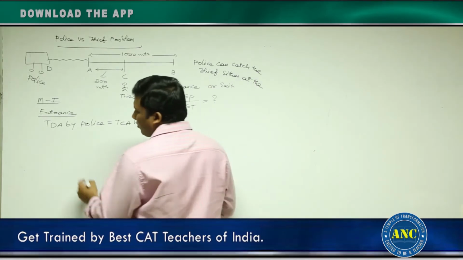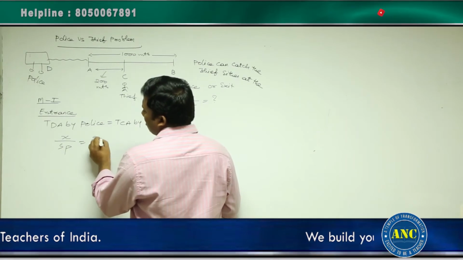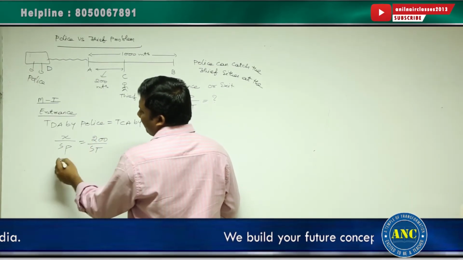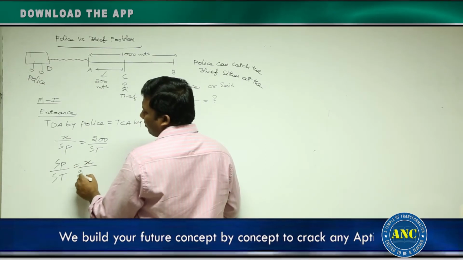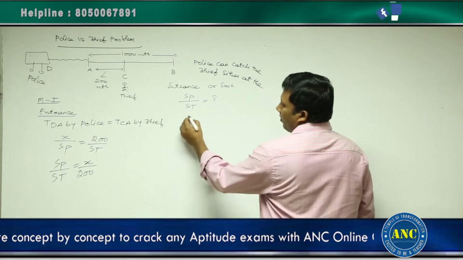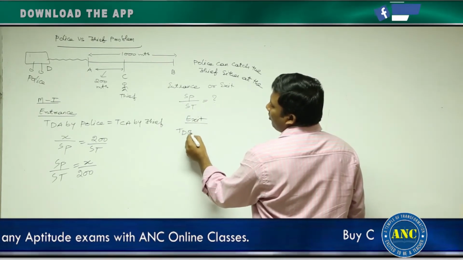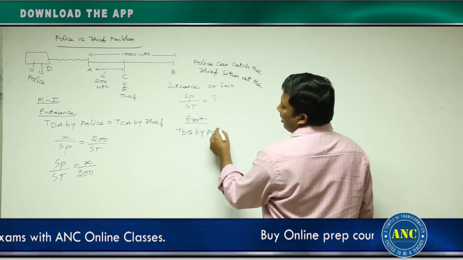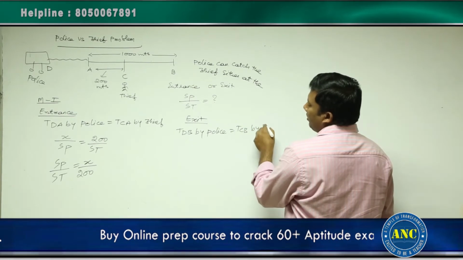Now what is the time? Time is distance by speed. X by SP is equivalent to 200 by ST, so SP by ST is X by 200. Exit means the time taken from D to B by police is equivalent to the time taken from C to B by the thief.